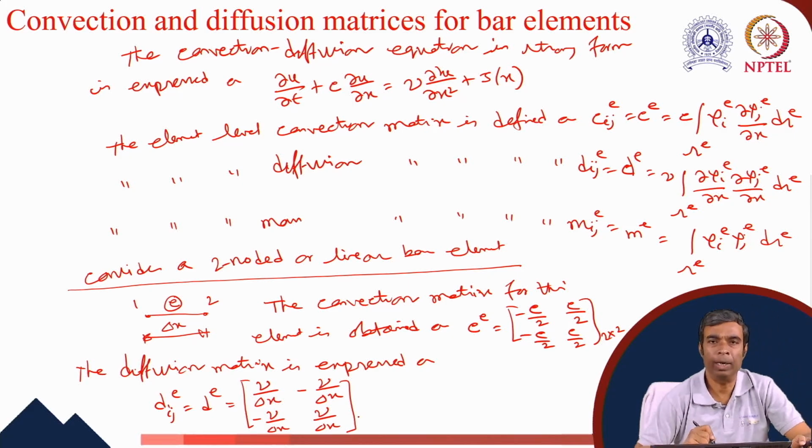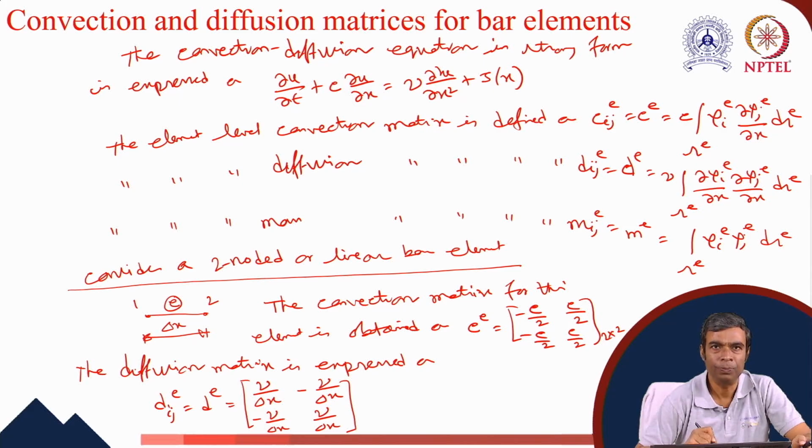For two-noded bar element, we have already discretized the Laplacian operator at the early stages of this course. So that Laplacian operator was discretized in conjunction with heat conduction problem, where the diffusion coefficient was thermal conductivity. Here the diffusion coefficient is nu, so we have replaced k by nu in this expression and we have got the element level matrix equation system.